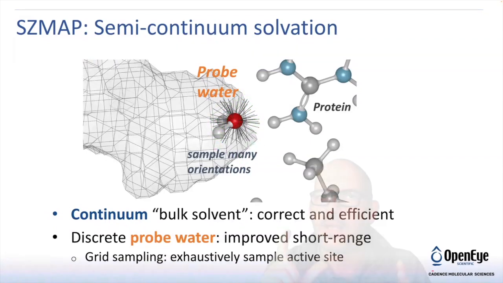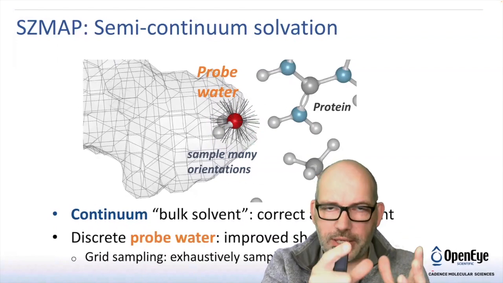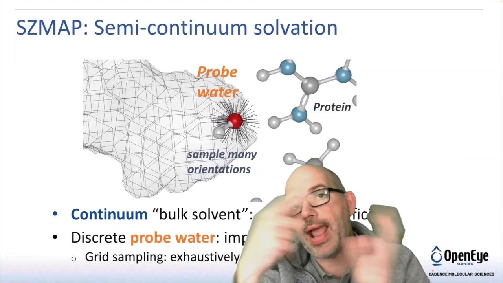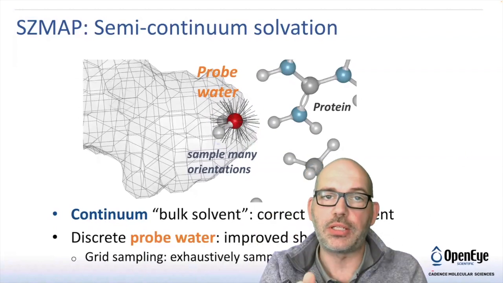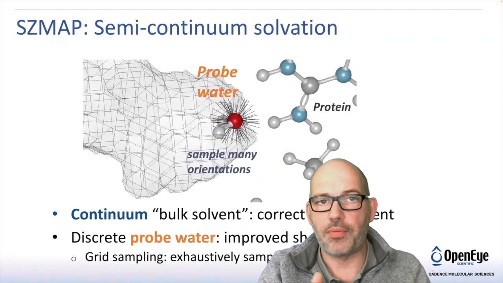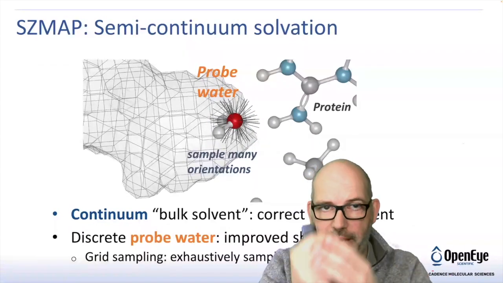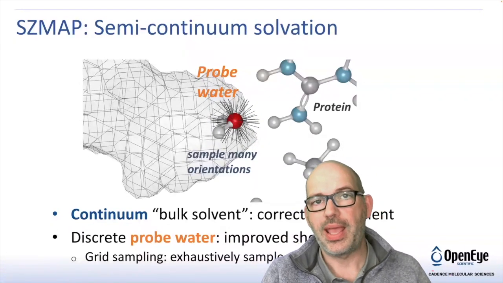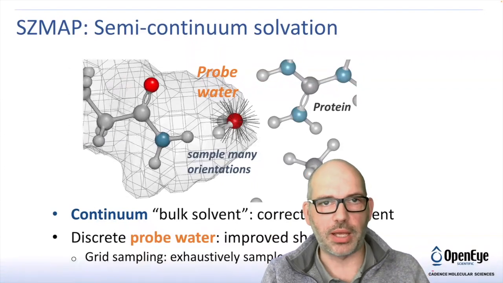So we can calculate the energies that the water experiences with the rest of the water in a continuum fashion, and the protein in multiple different orientations. So we can learn about preferred orientations for these water molecules. And we can sample the whole active site by placing the water molecule one at a time at each of those grid points. We do this calculation multiple times.